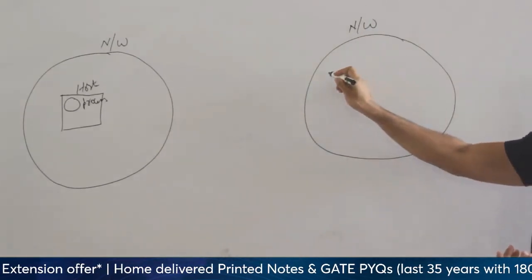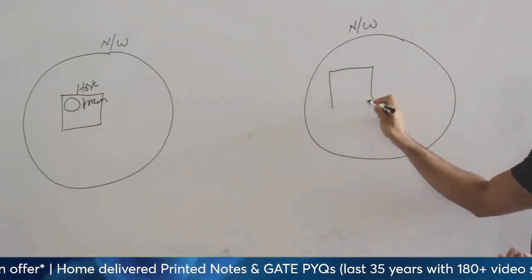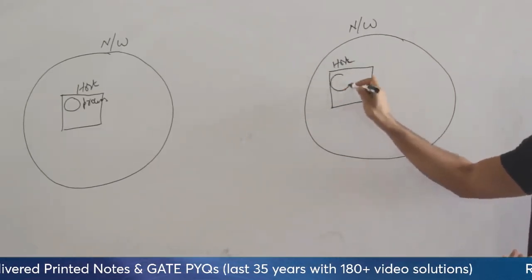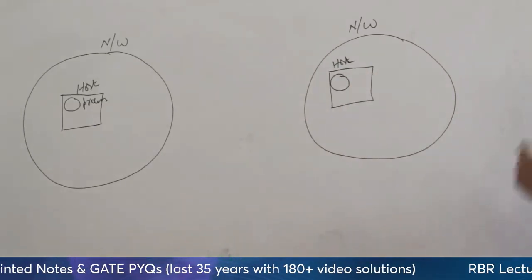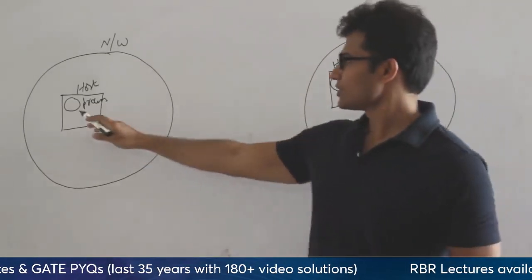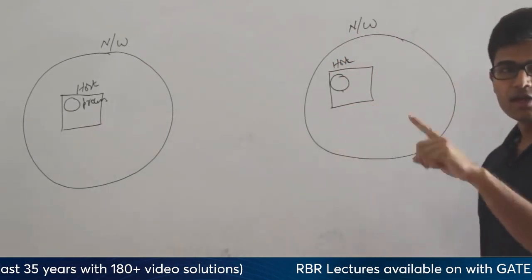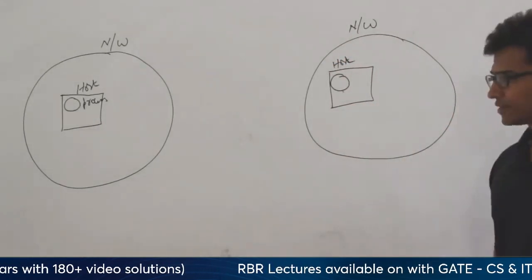And inside that network, one of the servers is the Google server, this is the host, and one of the processes is the server which you want to connect to, which means from your process at home you want to connect to the process of Google in order to get the web page, right?